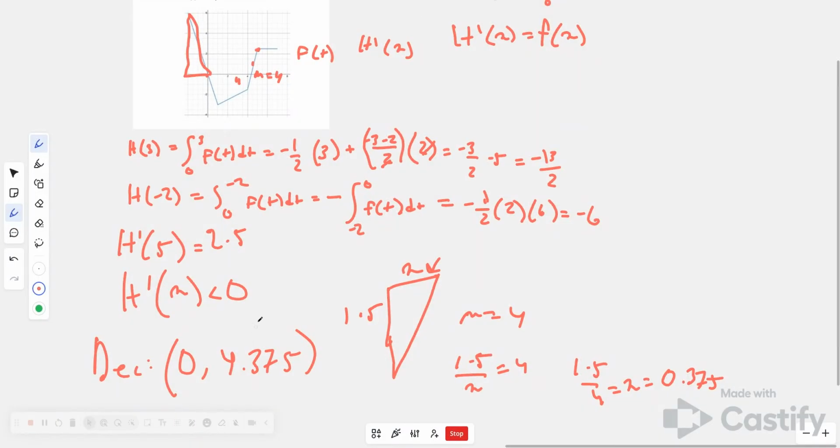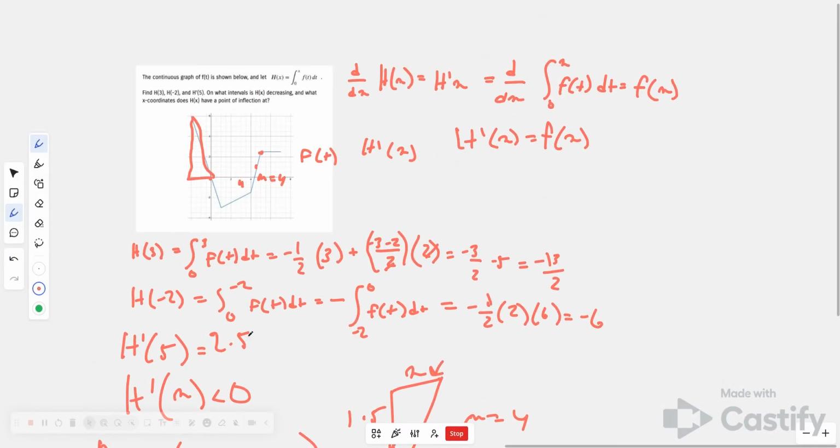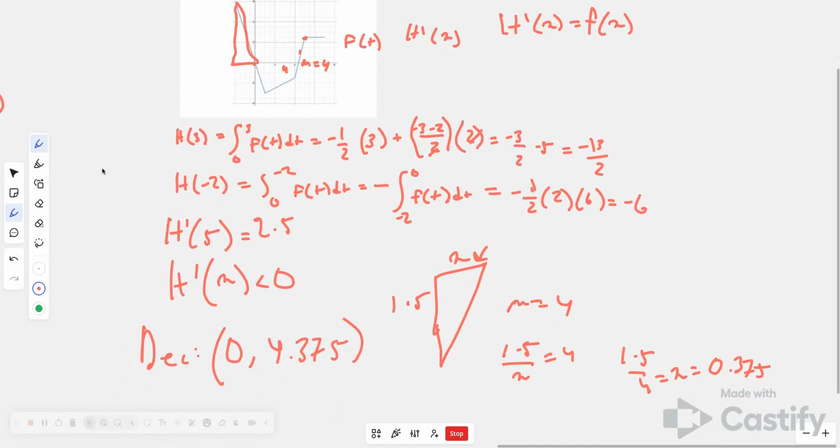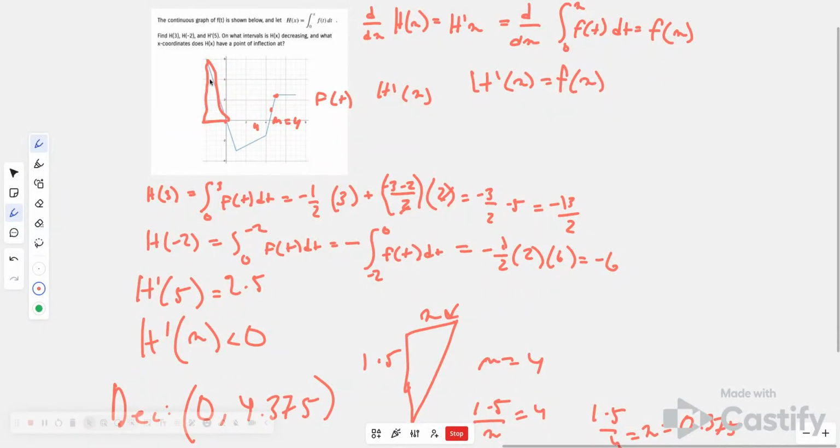And the last question is, at what x coordinates does h of x have a point of inflection? So on this graph, we have only one point where the function changes from increasing to decreasing, which is going to be at x equals 1.